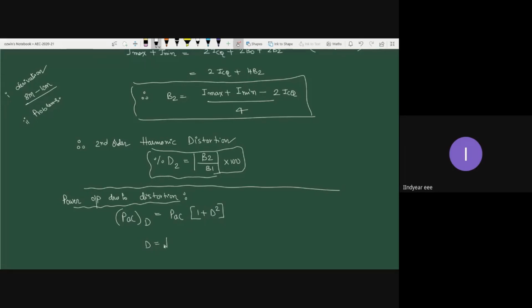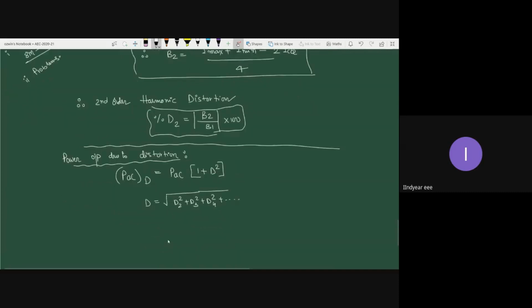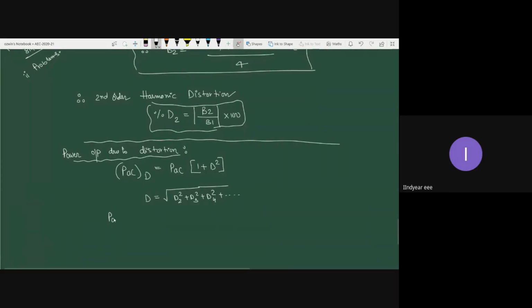Where D is basically the square root of D2 square plus D3 square plus D4 square, and so forth. So if you square both sides, you will get D square. That's the value of D. And what is PAC? PAC is equal to the fundamental power, the power delivered by the fundamental component. I'll just write, power output due to the fundamental component.